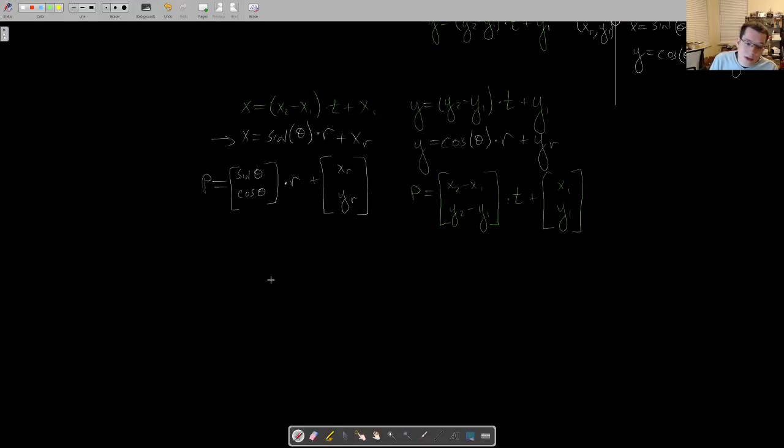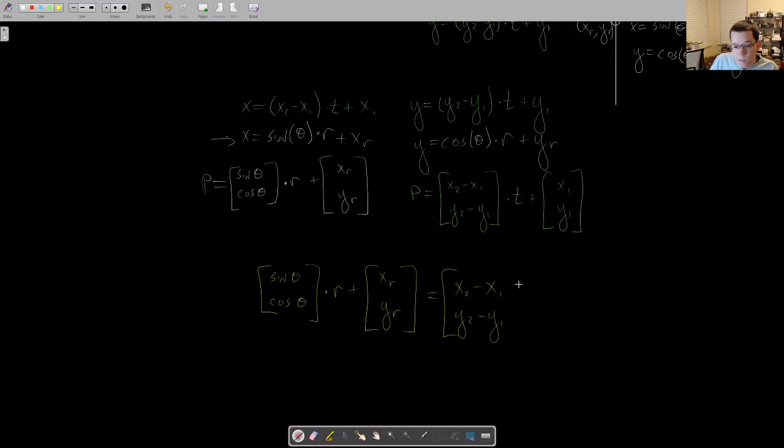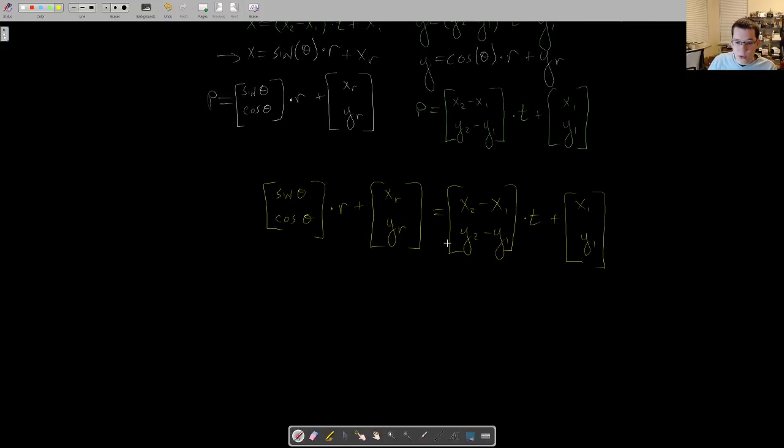Then we can set these two equations equal, and we're left with sine theta cosine theta times r plus xr yr, which is lovely. And then we will do some math.